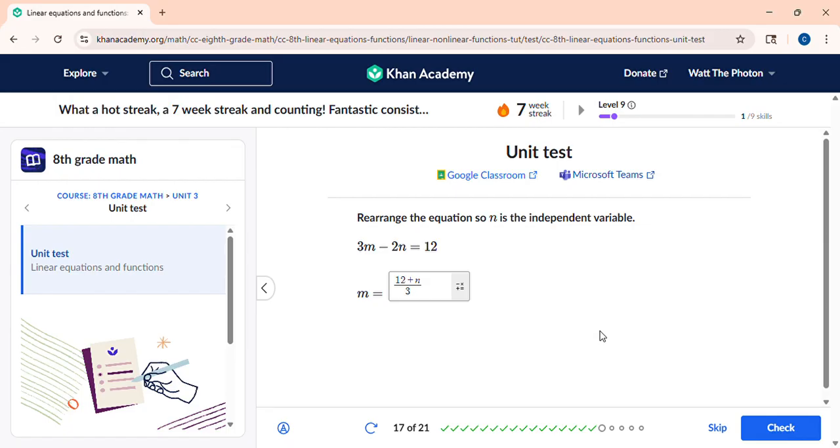Also we have 3m is equal to 12 plus 2n. So 3m minus 2n is equal to 12.